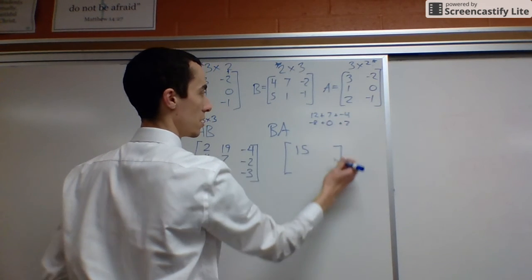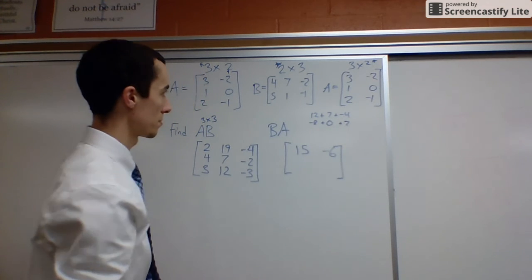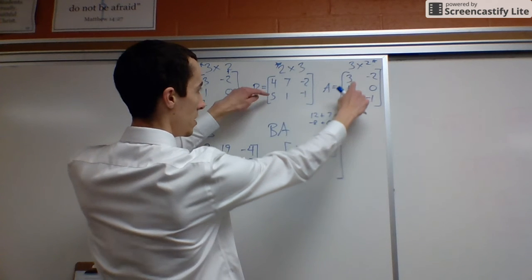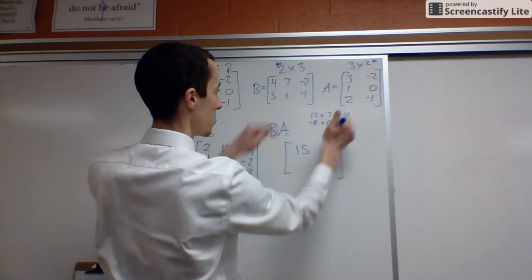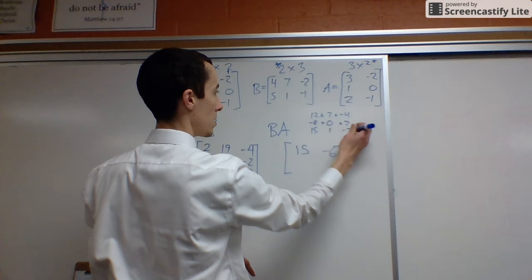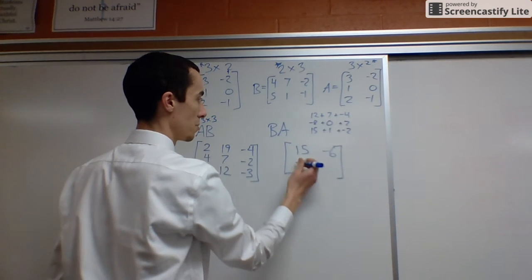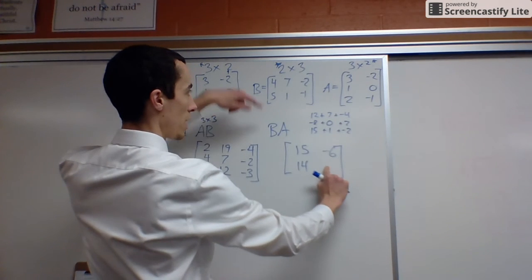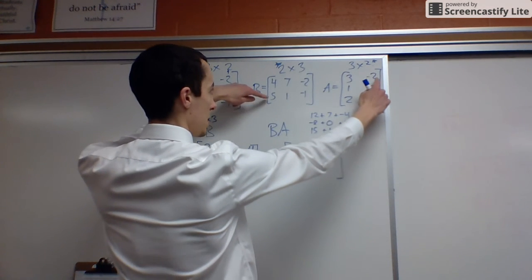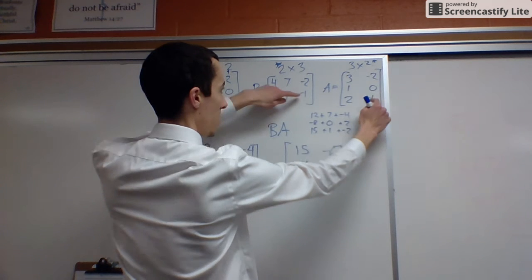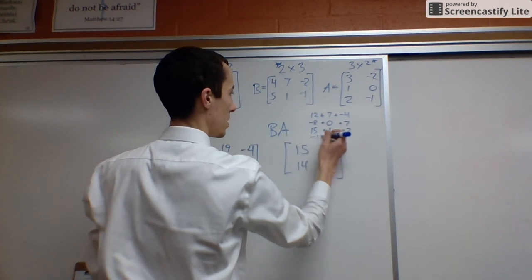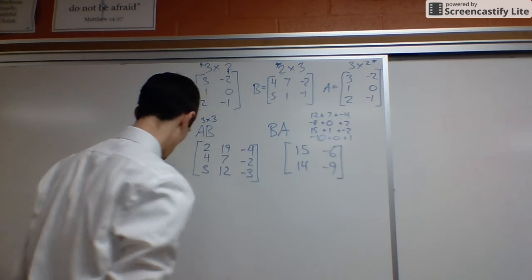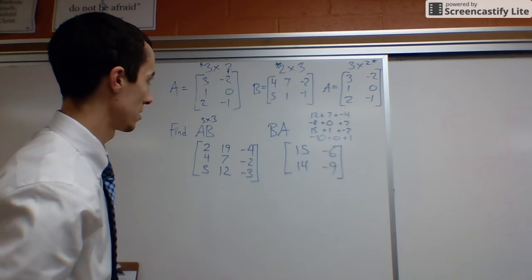Add those together. Row 2, column 1: 15, 1, and negative 2. Add those together, and we get 14. Row 2, column 2: negative 10, 0, and 1. Add those all up, and we get negative 9.